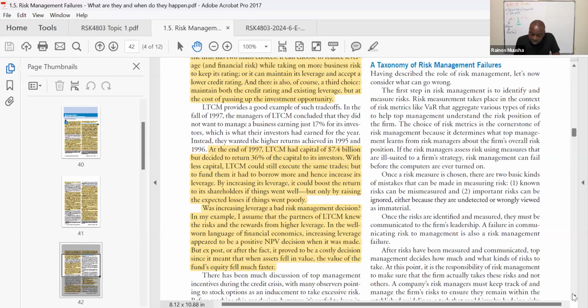By increasing its leverage, it could boost the return to its shareholders if things went well, but only by raising the expected losses if things went poorly. So which means the use of debt is not a bad thing.